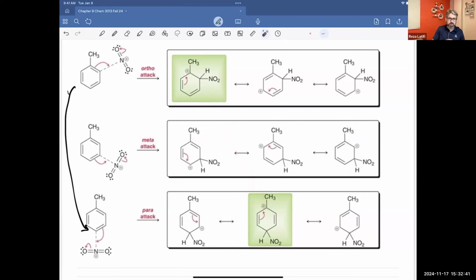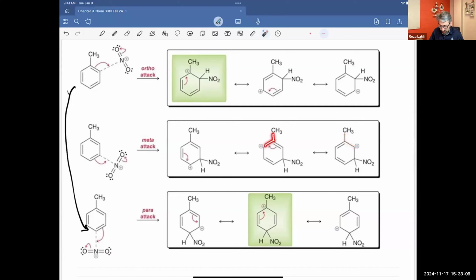Now, when it comes to the meta attack, it doesn't matter how you move the double bonds. You cannot put the positive charge on this carbon under any condition. The positive charge is not going to show up there, and it is at least 1-2 bonds from the substituent.